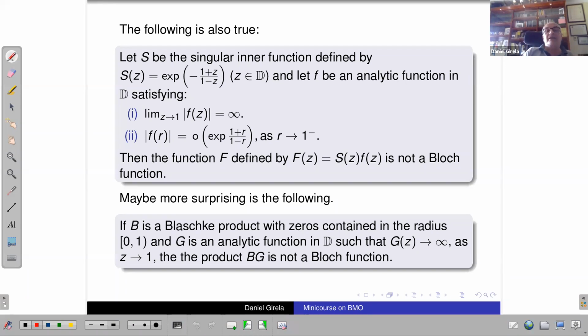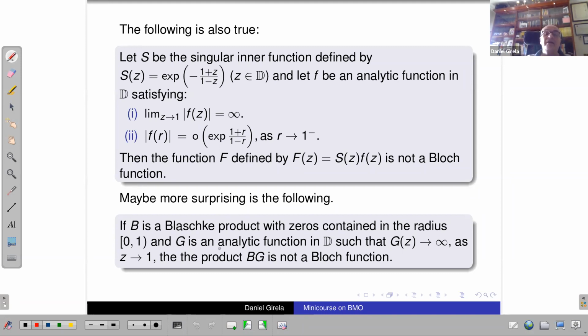So let's see. Anyway, we have obtained a number of examples of functions which are Blaschke products or this singular inner function, so that they are not multipliers of BMO. But all these examples are, as I have said, either Blaschke products or this singular inner function.